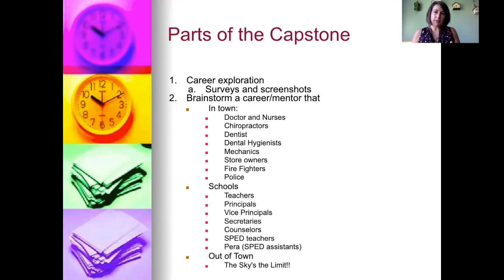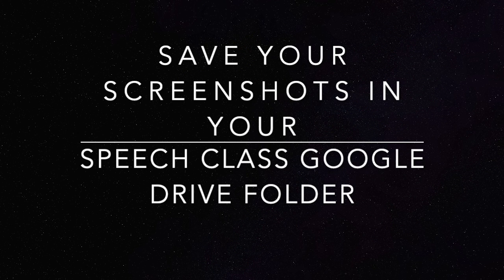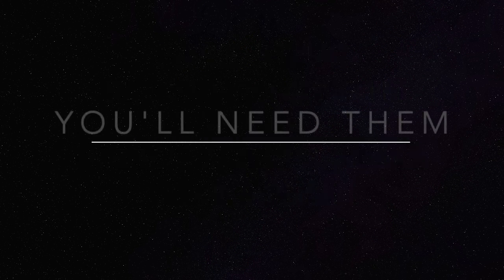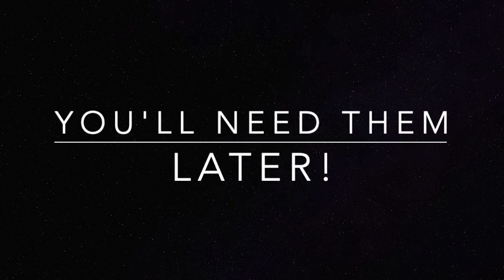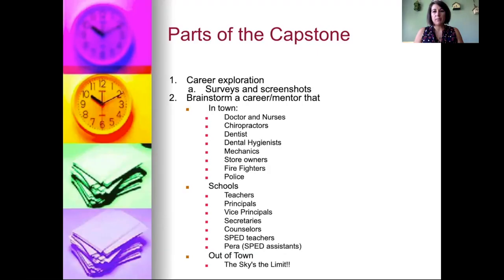When you're done with that survey, I want you to make sure that you screenshot those results, because that's going to be one of your first steps in thinking about what careers might be best for you.